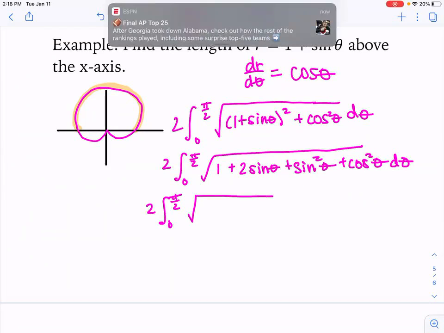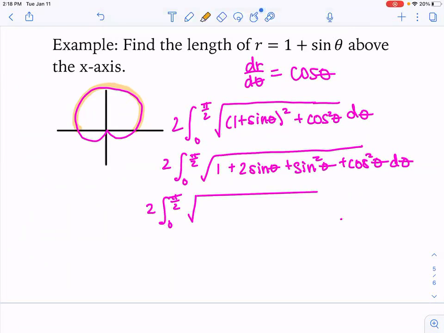What is sine squared plus cosine squared? So you're saying that sine squared plus cosine squared is 1, which means underneath we have 2 plus 2 sine theta.